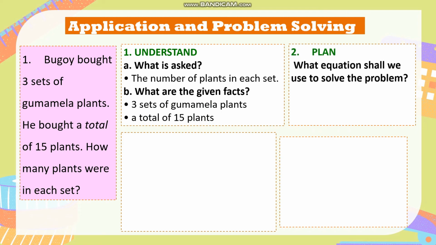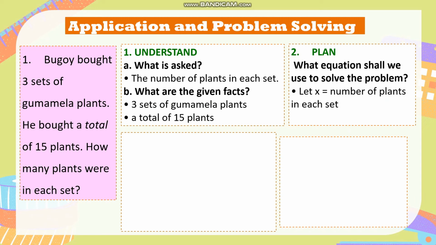Number 2. Plan. What equation shall we use to solve the problem? Let x is equal to the number of plants in each set. Sa given natin, merong 3 sets of gumamela plants and a total of 15 plants.